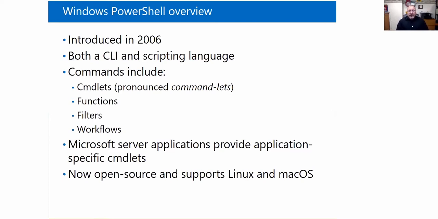Microsoft Server applications provide us with a number of different application-specific commandlets. I think Exchange Server is a fantastic example of that. Exchange Server, which at least one or a couple of you said that you've worked with PowerShell under, is a great example of how PowerShell is an extensible environment.